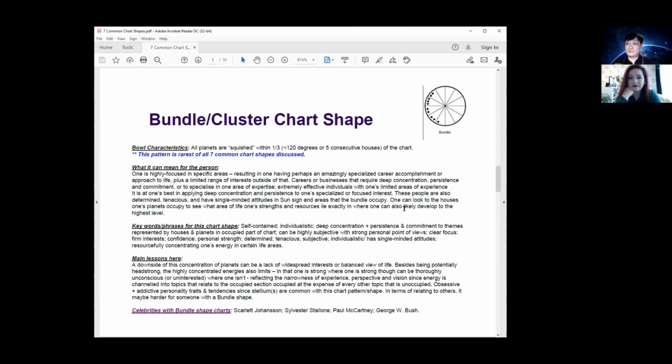Yeah, this is really important to highlight: it's very interesting to look at different bundle charts and see how people act according to the houses that they occupy. Mine are all in the public sector, if I may say.